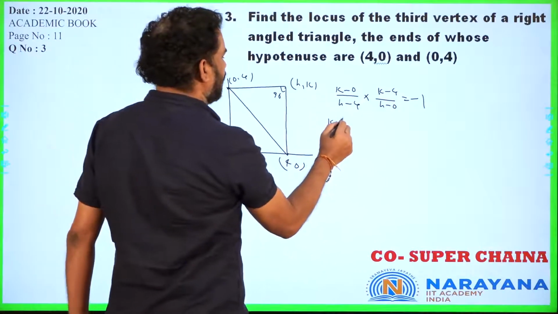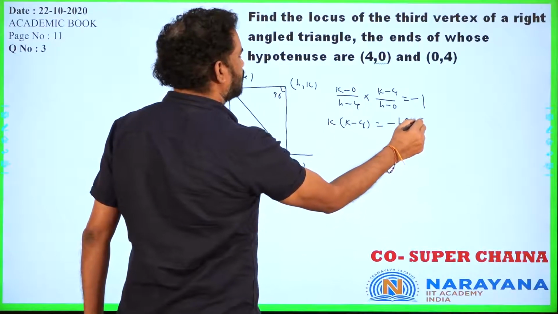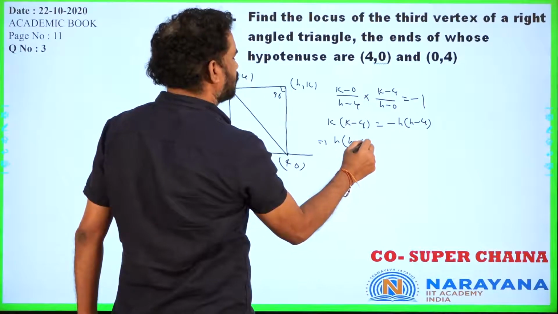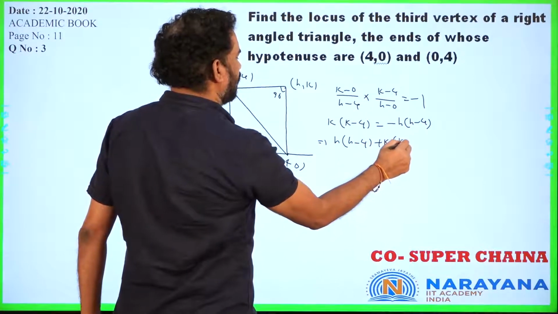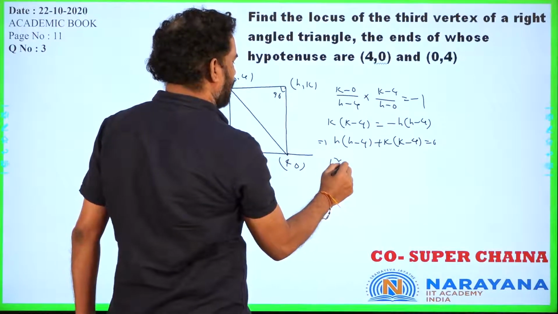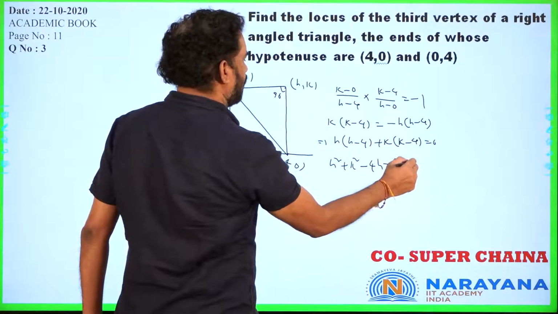So then k into k minus 4 is equal to minus h into h minus 4. So h into h minus 4 plus k into k minus 4 equals 0. So h square plus k square minus 4h minus 4k equals 0.